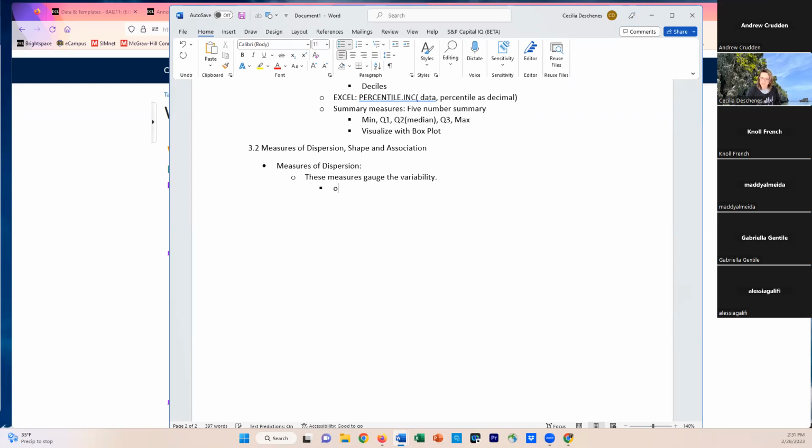Usually 0 indicates all the observations are identical. So the measures of dispersion, just to be clear, usually indicate the smaller the number, the less variability you have. So these increase as the observations become more diverse.